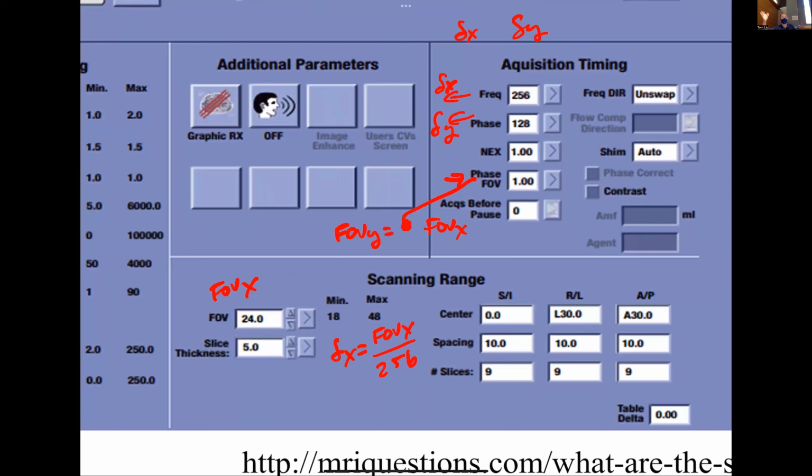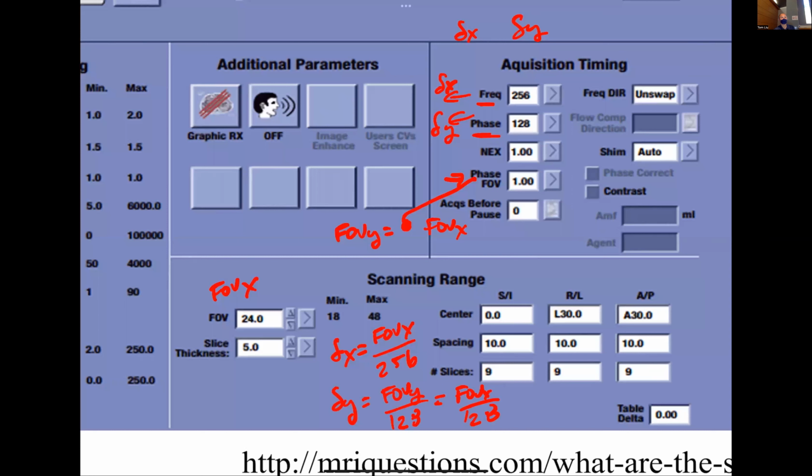So basically how big my object is and how many pixels or voxels I have. I know it's delta X because remember this is the frequency direction, so by convention, and phase is always the Y direction. And so in this case, I know delta Y is equal to field of view of Y over 128, which equals field of view of X over 128, because field of view of X and Y are the same.